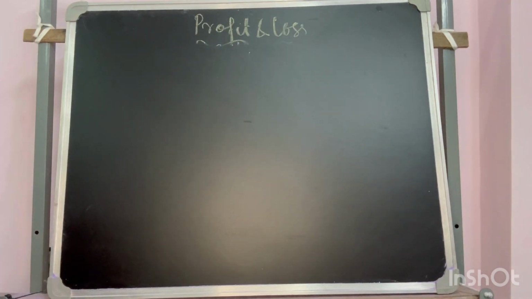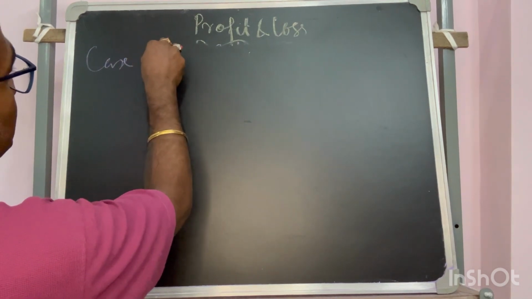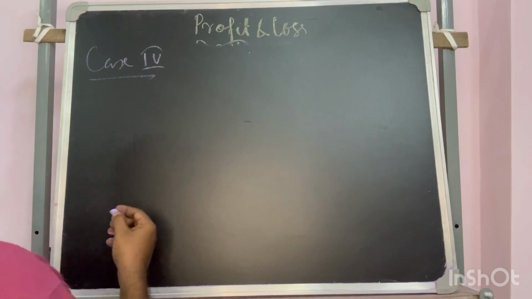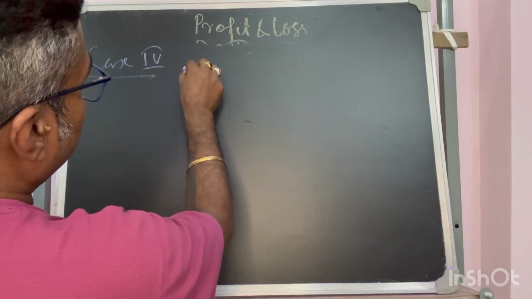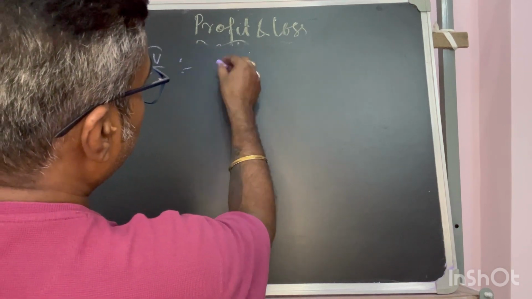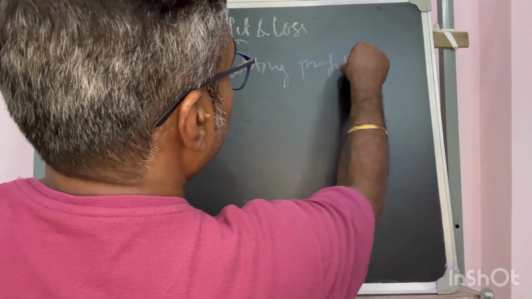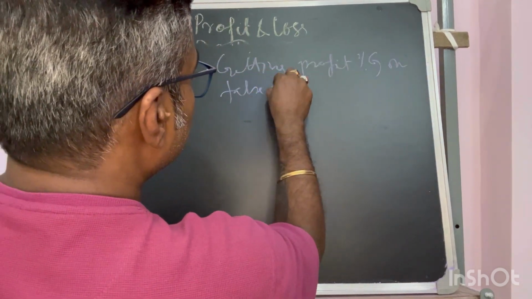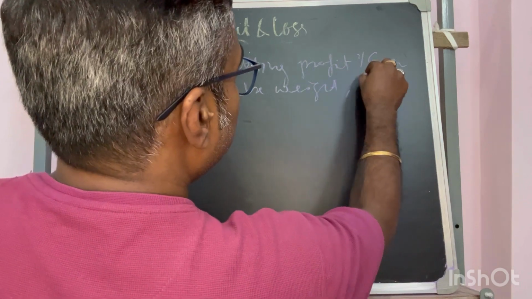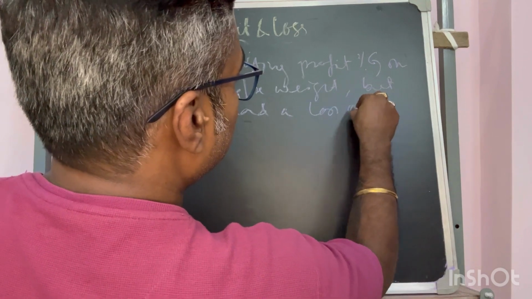The next one, case 4, is just the extension of this, when the same guy is getting profit G percentage on false weight, but had a loss on cost price.